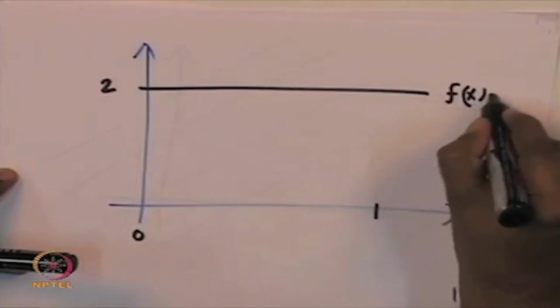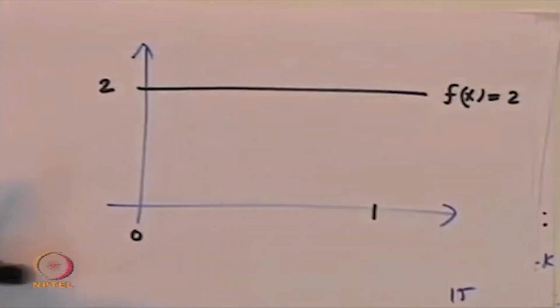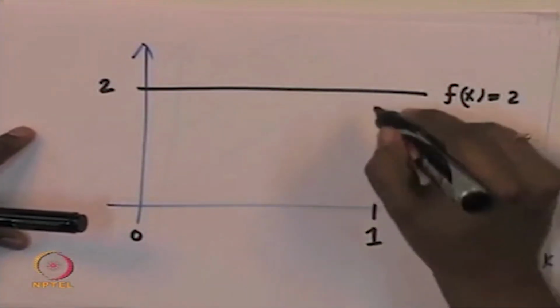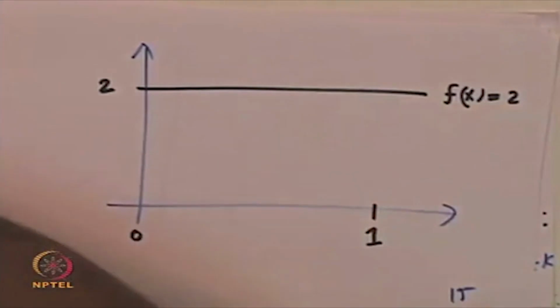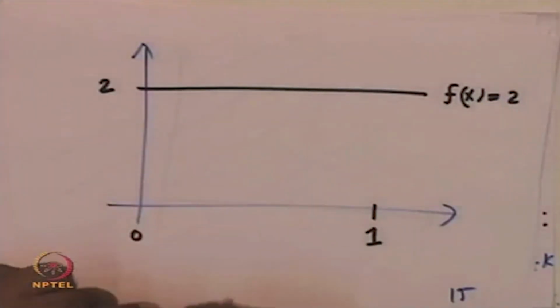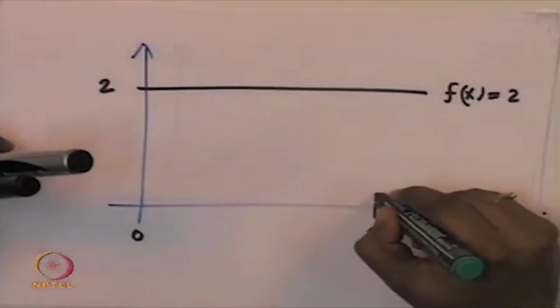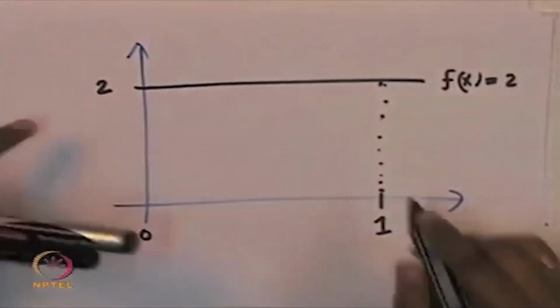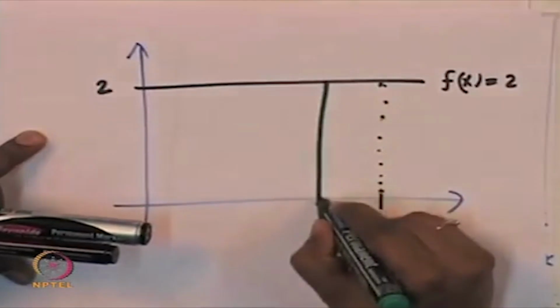So, this is f of x equal to 2, this is the curve. Now, between 0 and 1, you can divide this curve into many small boxes. This is the point at 1.